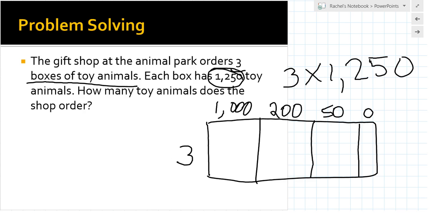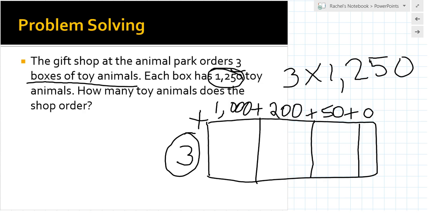Other students know that since 0 times anything is 0, they don't actually need to write the 0 in their rectangle. It doesn't matter which they prefer. So with the distributive property, it's really 1,000 plus 200 plus 50 plus 0, and we're multiplying each of those by the number 3.